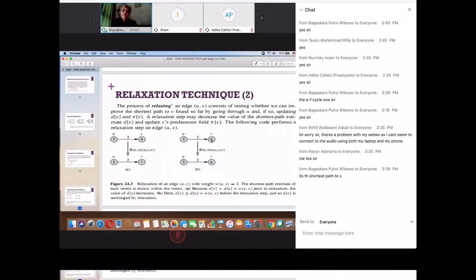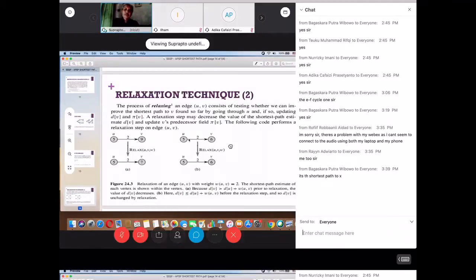Because the weight of the shortest path to V found so far is 6, right? And the weight of the shortest path to small u is 5. And when you add this vertex in the path to V, then you have to add 2 to 5, and you will get 7. 7 is greater than 6.